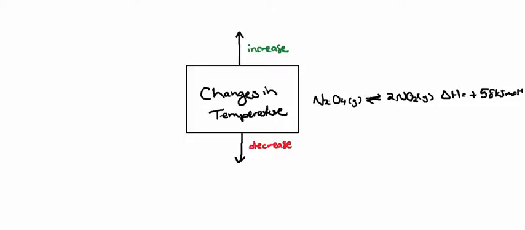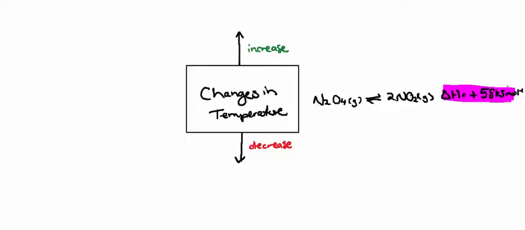Now, when we look at the thermochemical equation, we have got our thermochemical information here. Remembering that if this is a negative value, it's an exothermic reaction. If it is a positive value, it is an endothermic reaction.